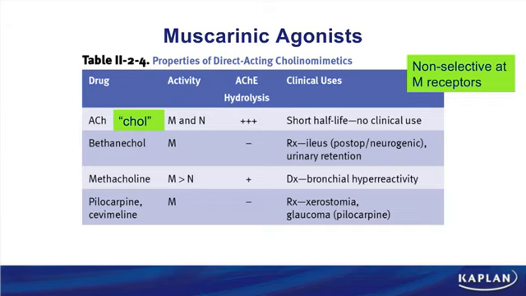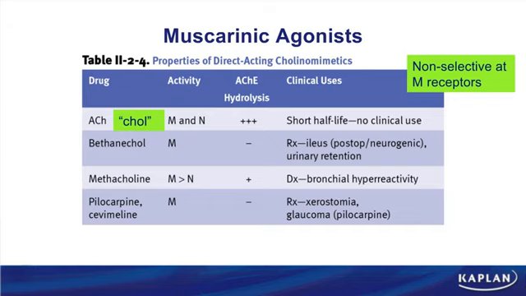In fact, it's going to activate all muscarinic and all nicotinic receptors. So a property of the other drugs in this table are this: they're all more muscarinic selective, and they all have a longer half-life compared to acetylcholine because they're more resistant to hydrolysis by acetylcholinesterase.